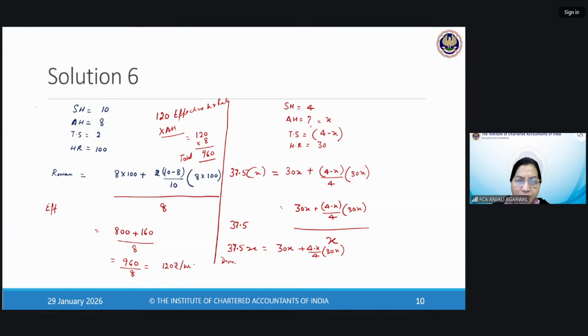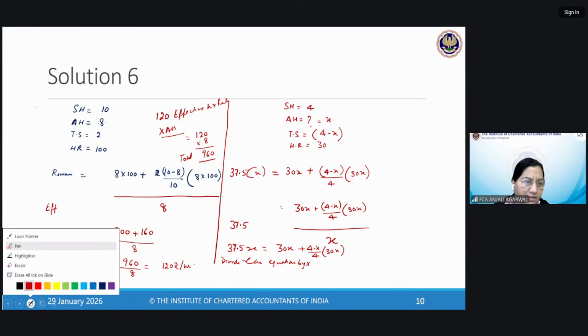Divide the entire equation by x. This was the step that will eliminate it being a quadratic. I'll take a different color here.